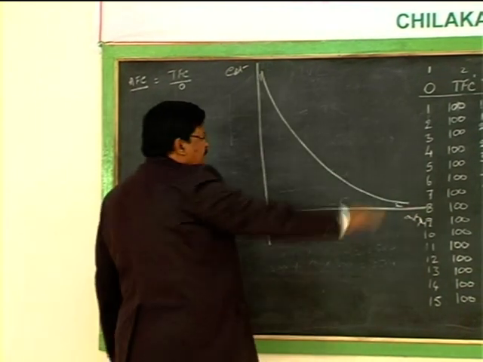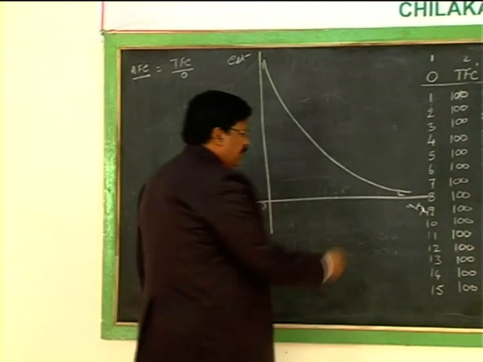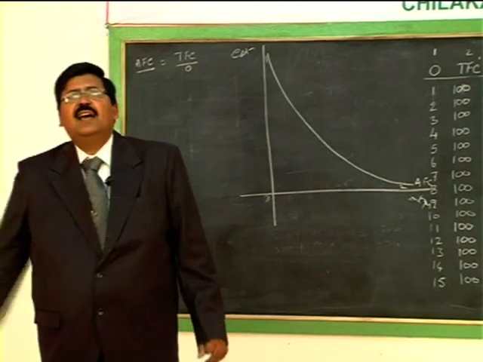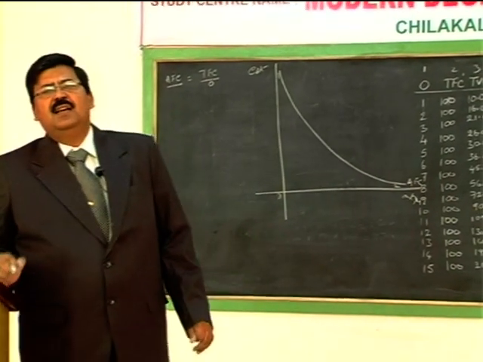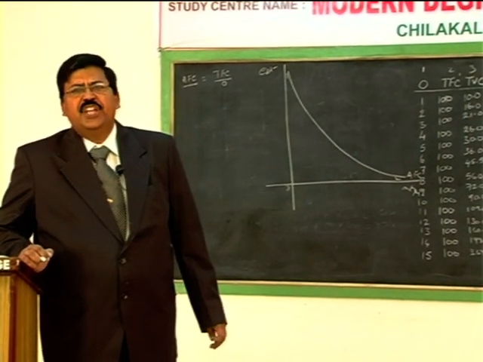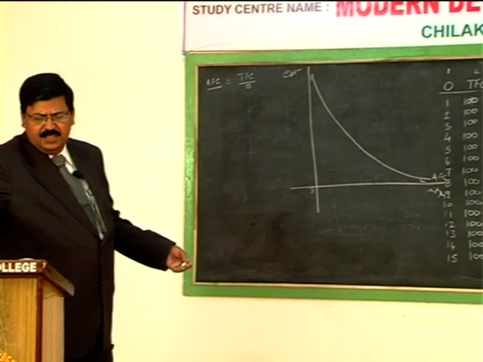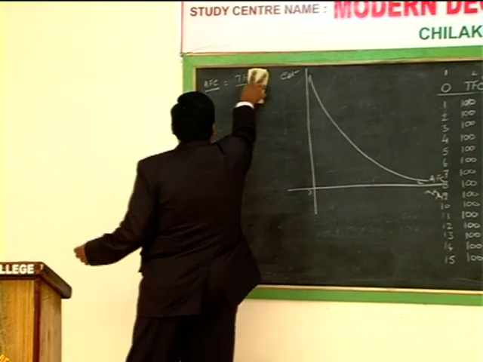And this is the AFC, average fixed cost curve. AFC is a rectangular hyperbola. The simple reason is the numerator is always the same and the denominator is increasing. So that's a very simple function, average fixed cost.